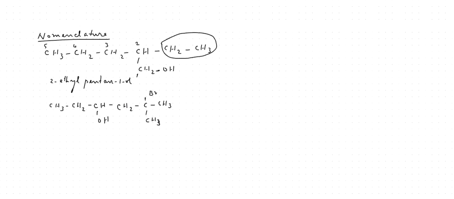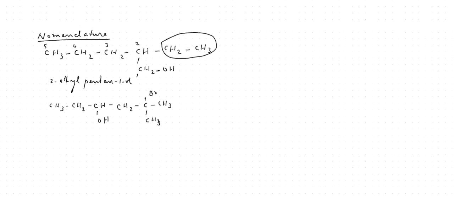If the OH is here, primary; if the OH is here, secondary; OH here, secondary; OH here, secondary. If OH is found in this carbon, primary; if the OH is found in this carbon, primary. Replacing the bromine, if OH is present, here it is a tertiary alcohol.